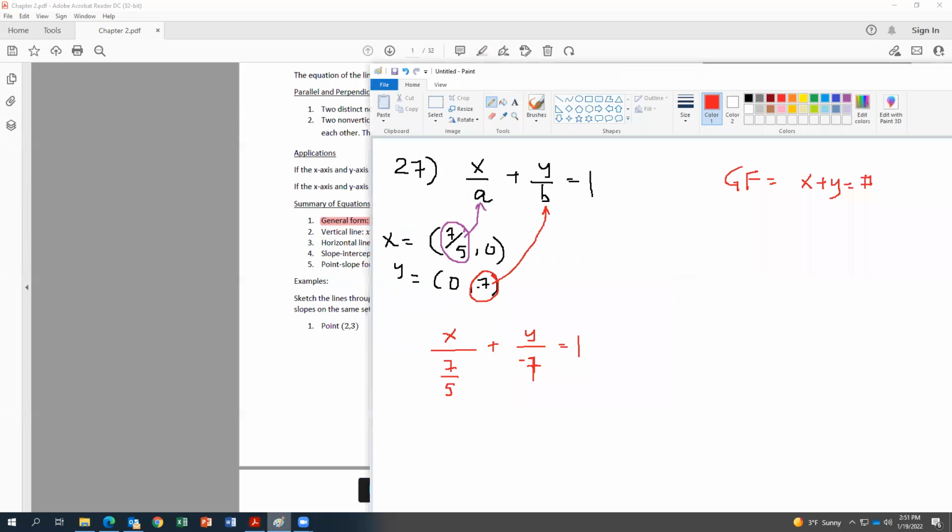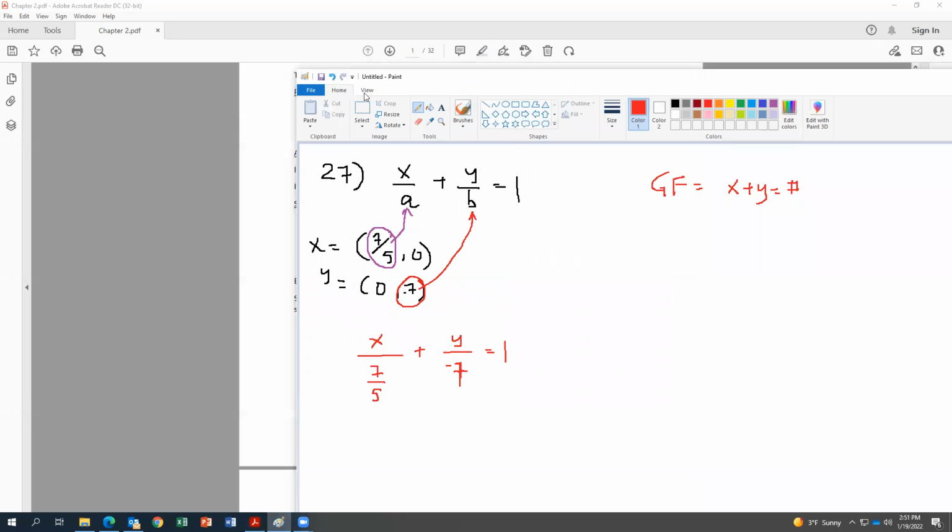So your general form will be your x, your y, and a number C, equals 0.